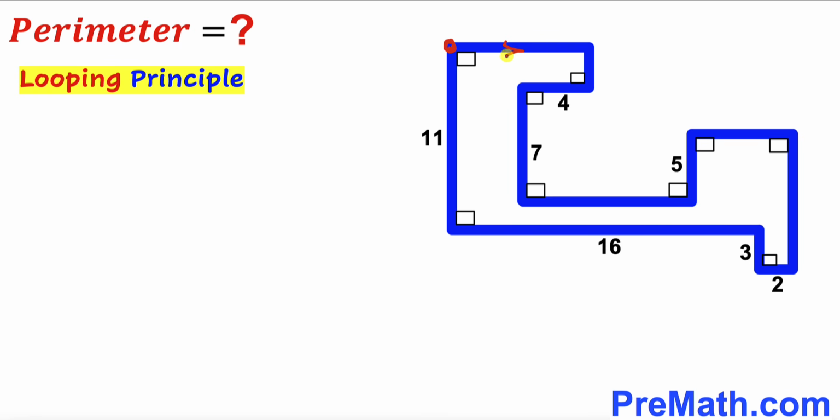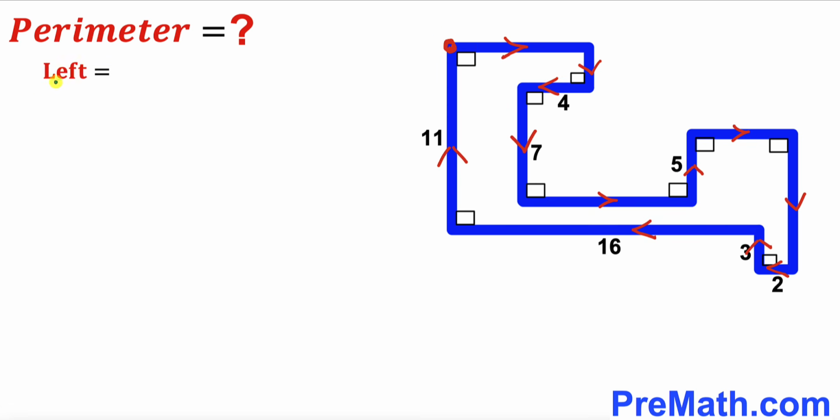So we're going to go right side and then we are going to go downward, and then we're going to go to the left hand side and then likewise downward, and then right hand side, and then upward, and then right hand side, then downward, and then left hand side, then upward, and then left hand side, and finally we are going to go upward until we get to the very same starting point.